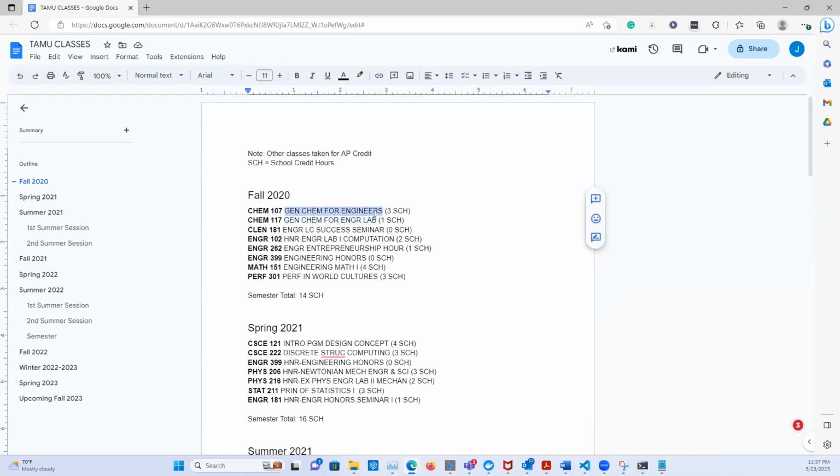And then for this other class, this one was probably easier than the AP Chem, which I took in high school. And so if you took AP Chem, you should be fine with this class. It ends before acids and buffers, so a lot of the content is a lot easier than the AP Chemistry exam. And so that really prepared me for this class.